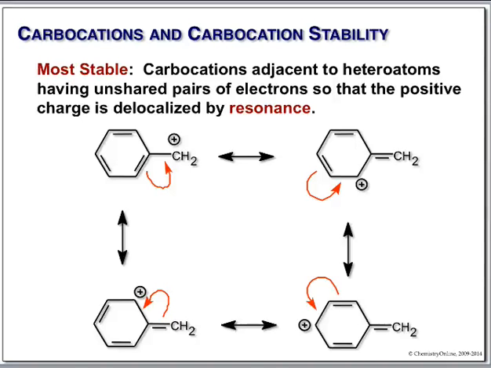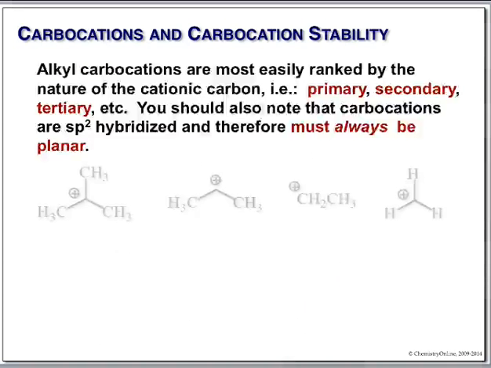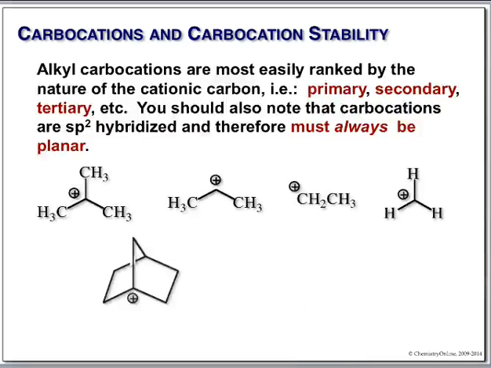So benzyl, anything with electrons next to it, those are examples of stable carbocations. Tertiary, secondary, primary, methyl. We know the ordering goes this way. What would you think about this guy? Where do you suppose he would rank?